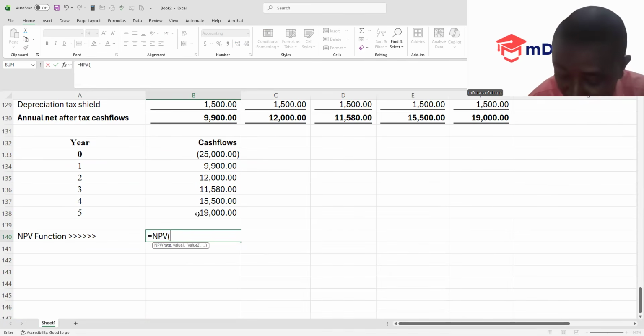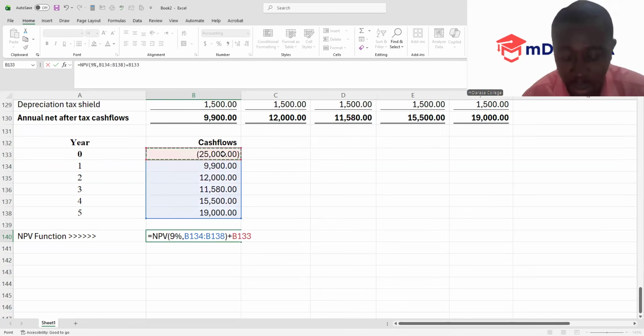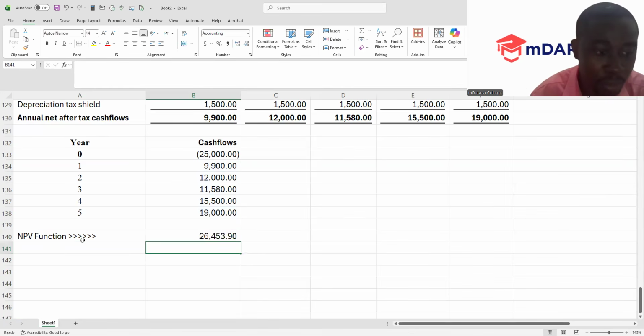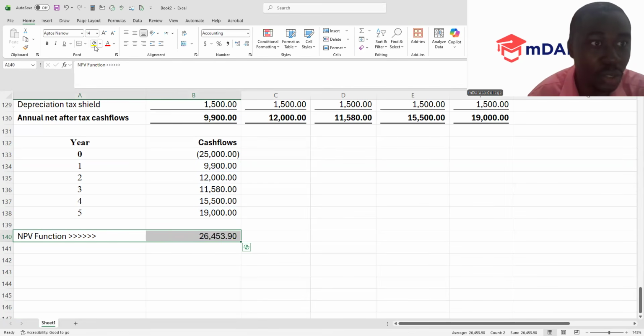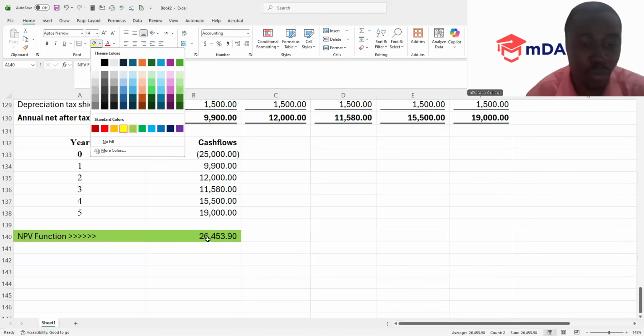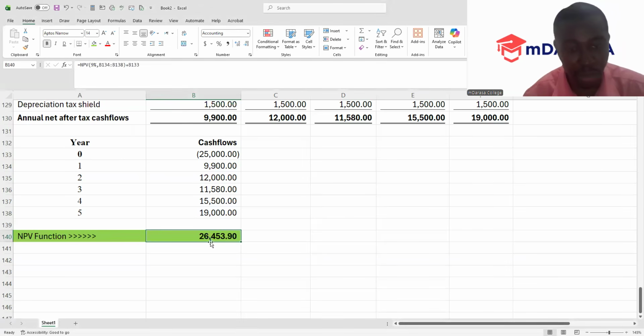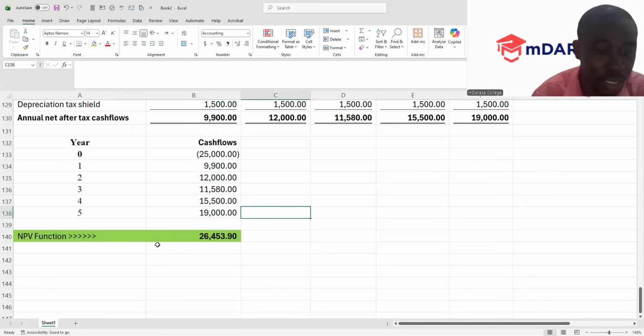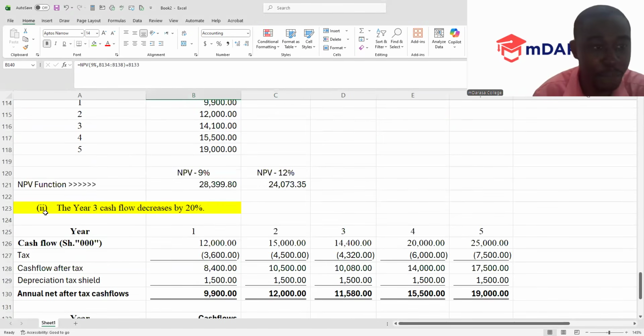Where we have rate, which is 9%, comma, we take our values, then we less our initial outlay. So if at all there is a change in our cash flows for year 3, which is decreasing by 20%, this will be our NPV, see?